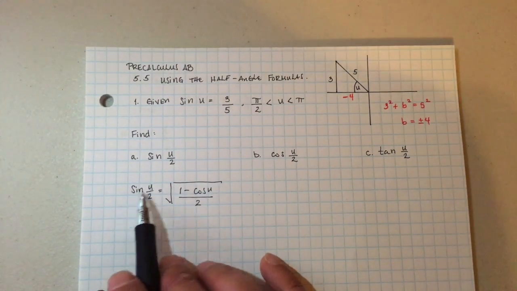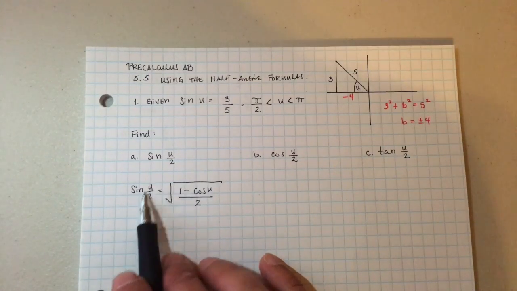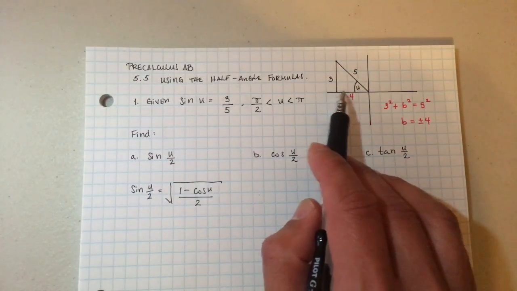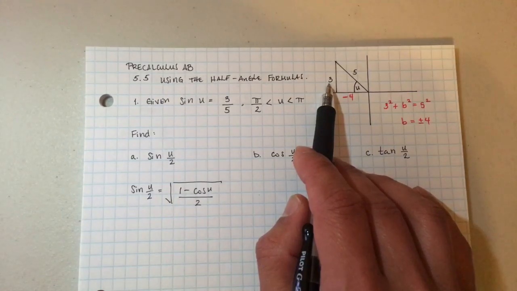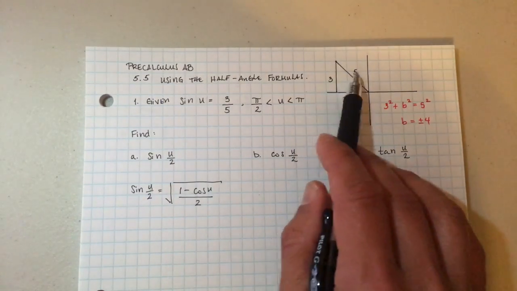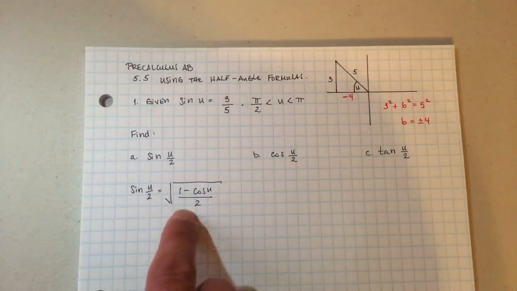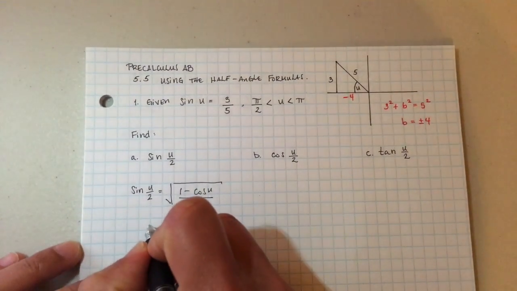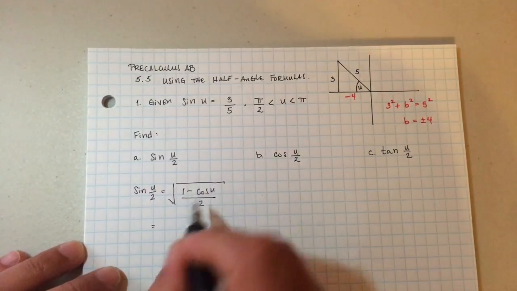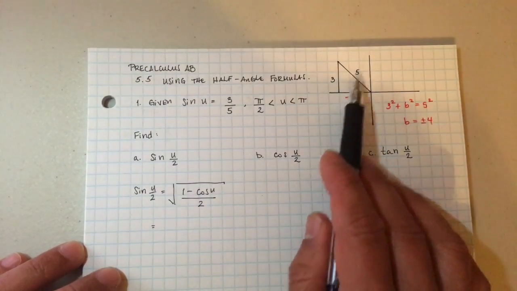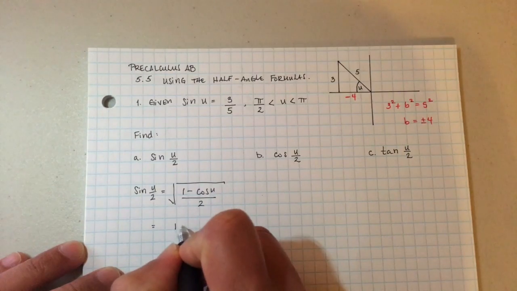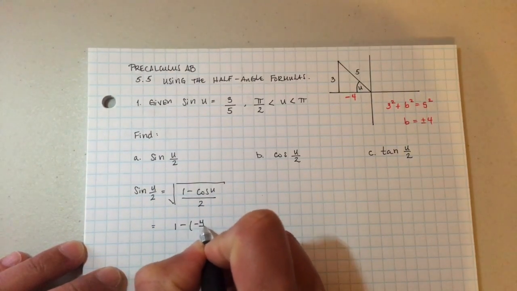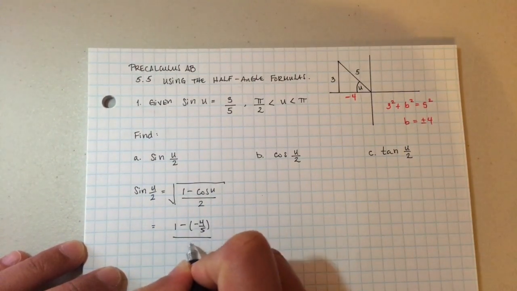Whatever the sine of this angle is, you notice the sine is opposite over hypotenuse. The sine is actually positive. So we're going to be using the positive square root. Cosine of u is easy, adjacent over hypotenuse. So we're going to have 1 minus negative 4/5 right there, divided by 2.